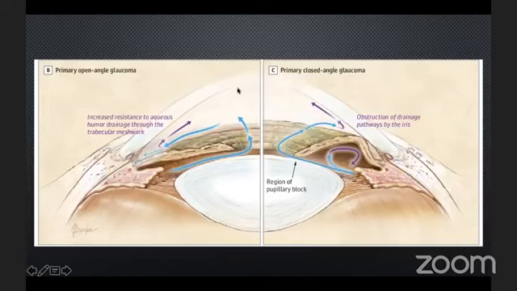Thus, the end result of both the mechanisms is the aqueous humor collecting in the anterior chamber. As we all know, the eye is a closed chamber, and when there's fluid retention inside the eye, the pressure will start to rise. Once the pressure starts to rise, it will produce pressure on the optic nerve behind, and the optic nerve starts getting damaged.